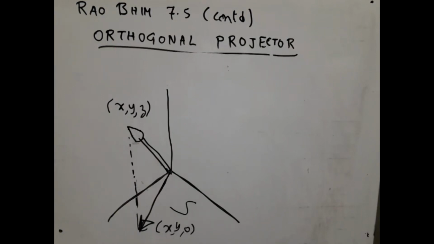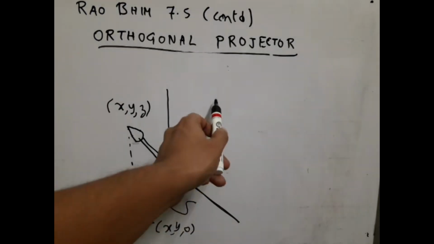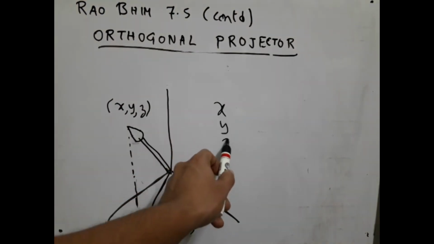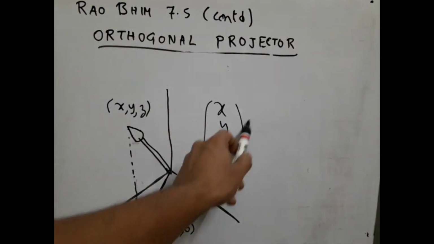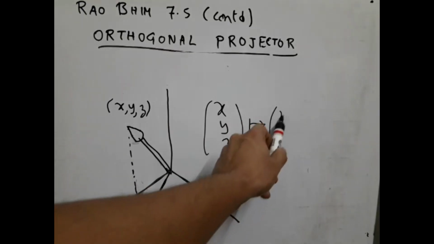Now understand clearly that I am not saying that the orthogonal projection is x, y. The orthogonal projection resides in the same vector space as the original vector, so I have to write that 0 over here.